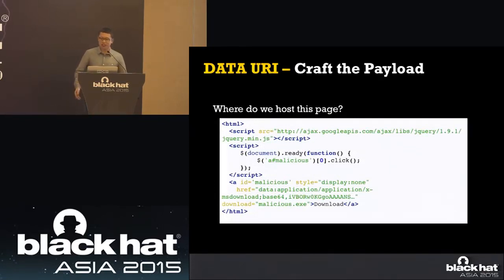So now it's all fun, and we have malware not hosted anywhere, but now we have a page. So where do we host this page? It kind of defeats the whole purpose, because I wanted to do something that's hosted nowhere, and when the user goes there, it's going to trigger the download and they'd be pwned. So how do we host this page, or how do we bypass the problem?